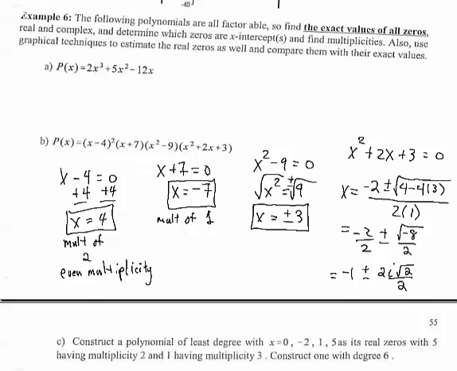So in other words, these 2s would cancel, and here we see we get 2 complex zeros. They're complex because we have this plus or minus i component.